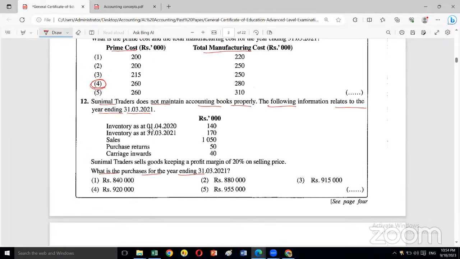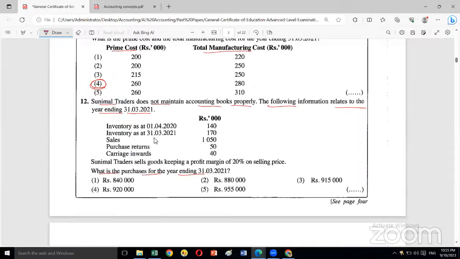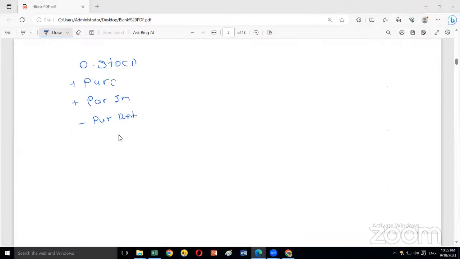And do we have purchase return? Yes. Carriage inwards add, purchase add. Return outwards, purchase return means return outwards. We have to minus. And after that, finally, they have the closing stock. So minus closing stock. You have to draw the format like this, simply.